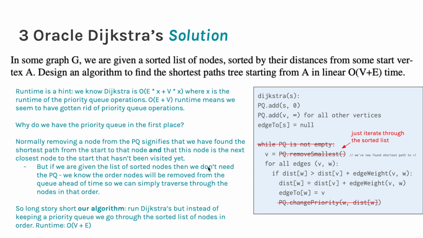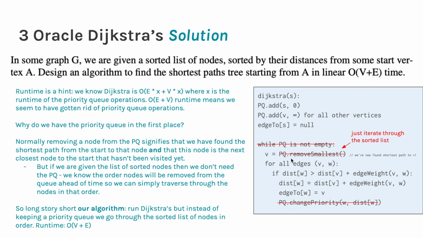Okay, so ignore this wall of text for now. This is the pseudocode for, and ignore the crossed out stuff, this is the pseudocode for Dijkstra, right? So we have this priority queue, which keeps track of the shortest path distances that we've found so far, and at every step in the algorithm, we remove the node to which we've found the shortest path.